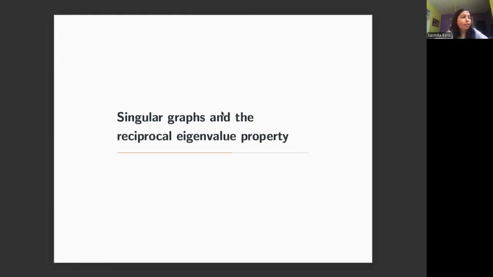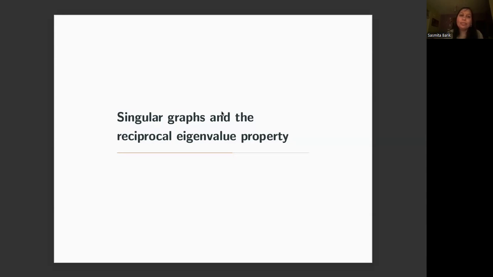Here I would like to say another thing, a question one can pose again. When we define property R, the reciprocal eigenvalue property, we are taking non-singular graphs. A(G) must be non-singular because we are looking for lambda and then 1 by lambda, so I cannot consider 0 there.